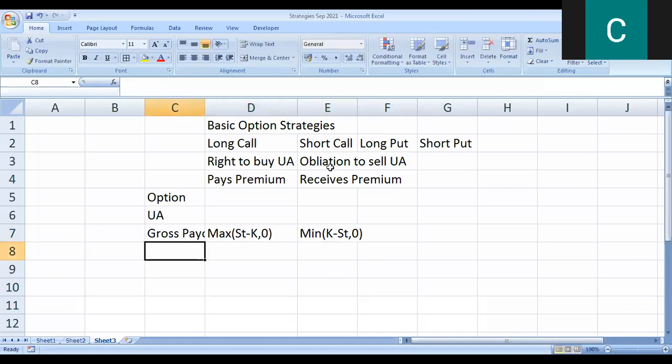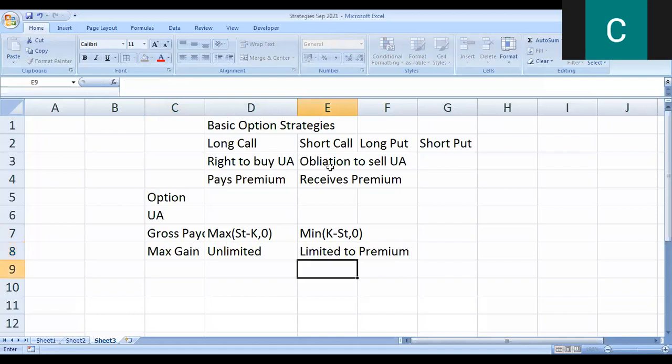Next, what is the maximum gain? Unlimited for long call, and limited to premium for short call. Maximum loss for long call is limited to premium.